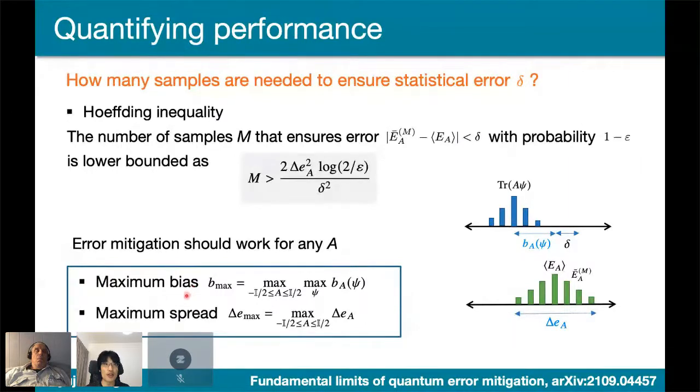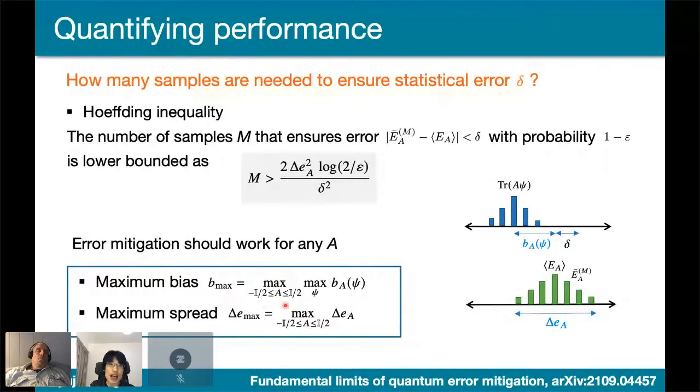But another final comment is that we also need to introduce slightly different variants of these quantifiers, because the idea here is that error mitigation should work for any observable A. So it makes sense to define the maximum bias and the maximum spread as the worst case scenario by taking the maximization over all the observables A. I also normalize this observable A, which makes sense because if you don't normalize, then you can never assess the performance of some error mitigation protocol itself.